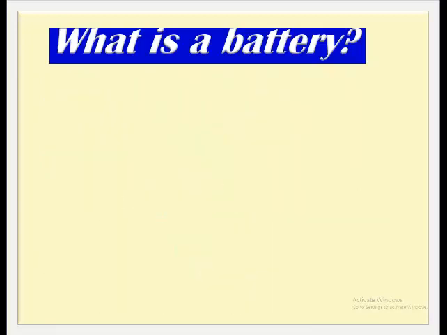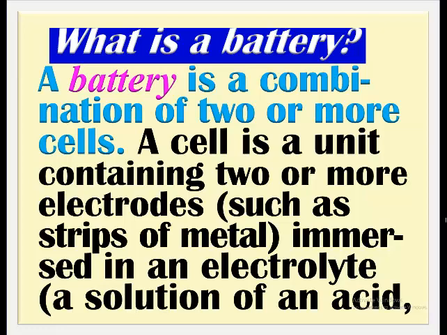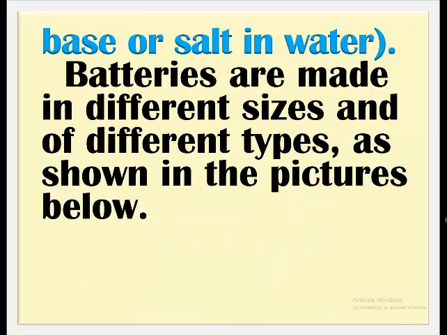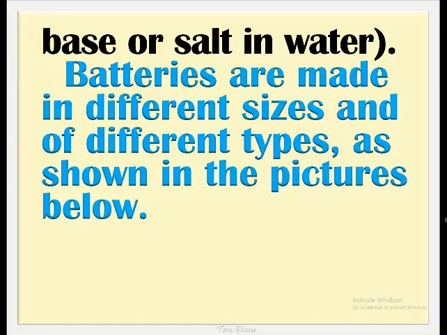What is a battery? A battery is a combination of two or more cells. A cell is a unit containing two or more electrodes, such as strips of metal, immersed in an electrolyte, a solution of an acid, base or salt in water. Batteries are made in different sizes and of different types, as shown in the pictures below.